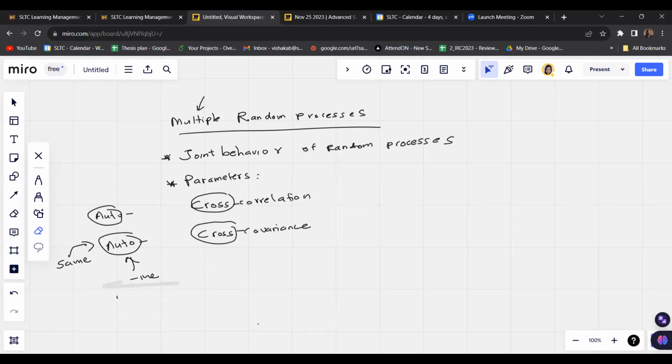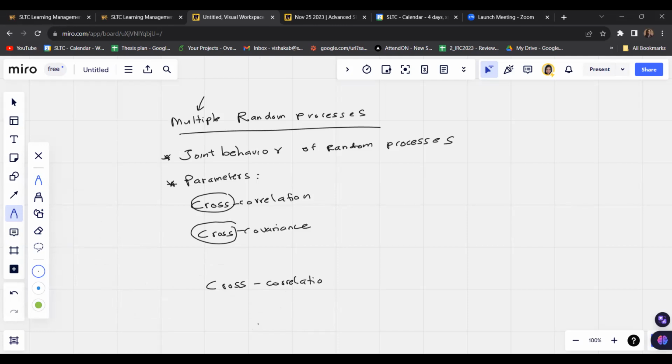So if we take the mathematical parameters that we are considering here, the autocorrelation function, right? The cross correlation function is given by the integration of... Just like autocorrelation, we can find the cross correlation.